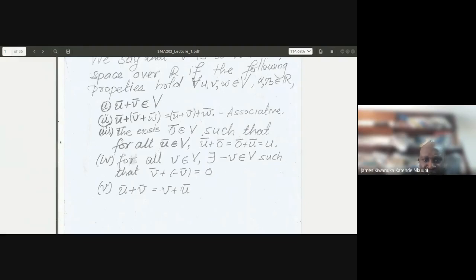So I think they are all in now. So we can proceed with our properties. We have already seen the first 5 properties. The first 5 properties are all talking about addition. So the next set of properties will now connect the scalar multiplication and addition.